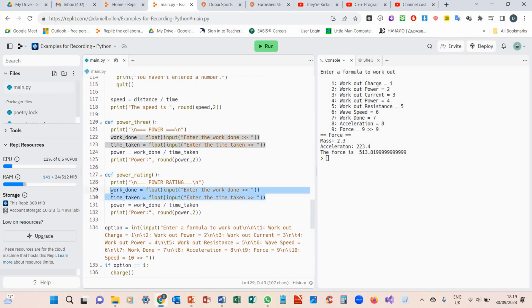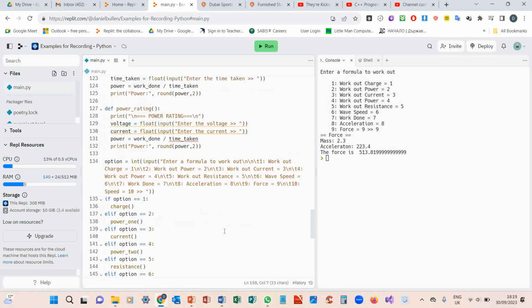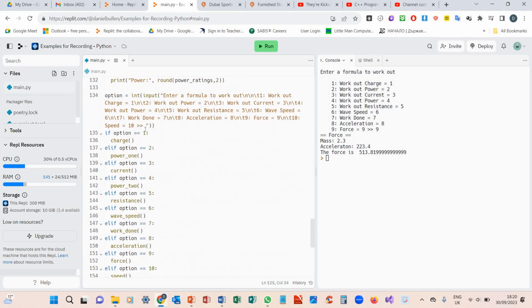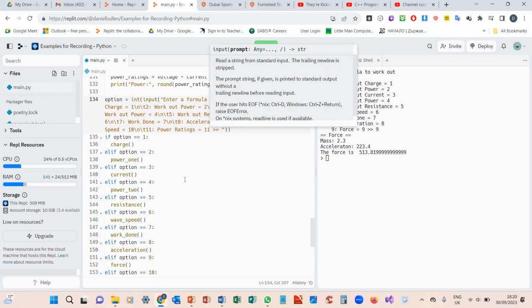So we've got voltage and current, and then we're going to take that, power ratings, voltage and current, and then we are going to say power ratings.